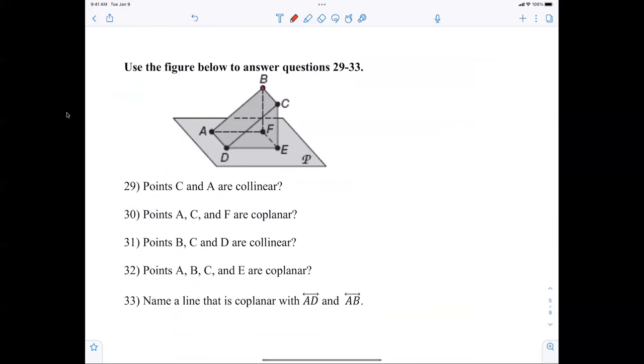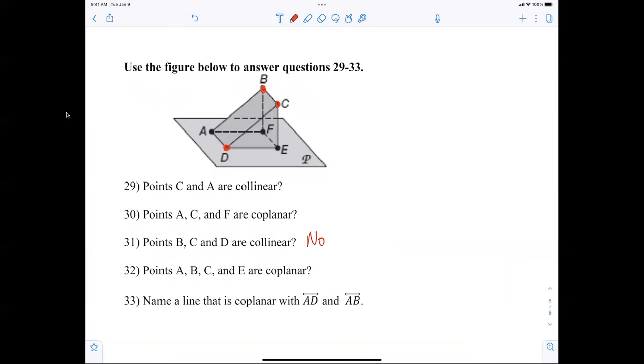B, C, and D. Are they collinear? Are they on the same line? That's what collinear means, right? So that's definitely no. Or you could say false, whatever. It doesn't matter to me.